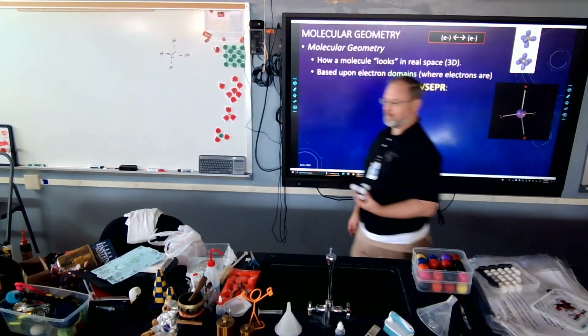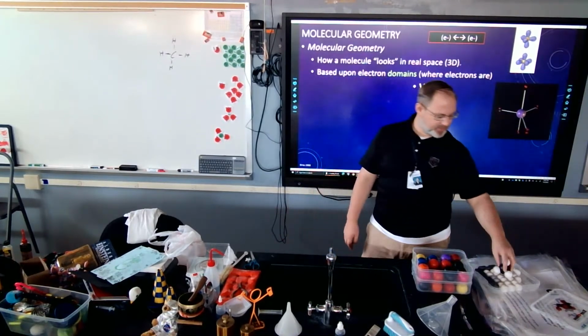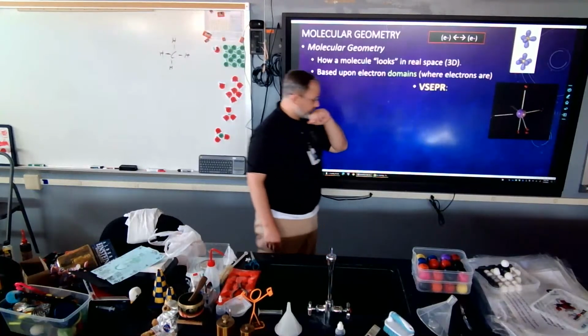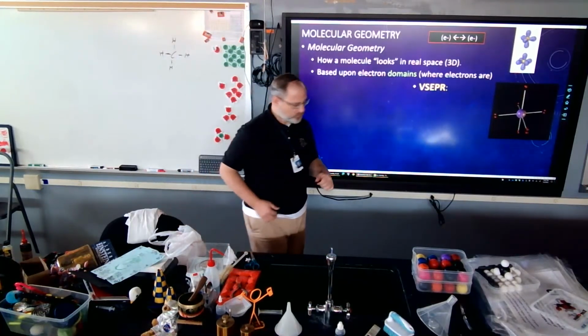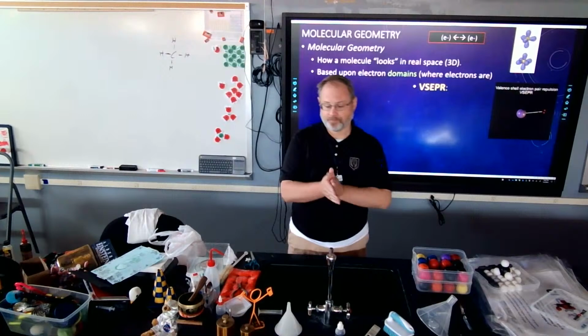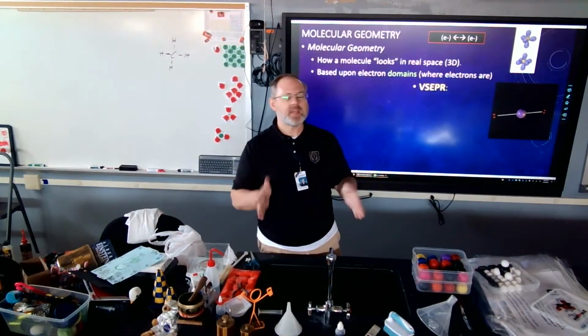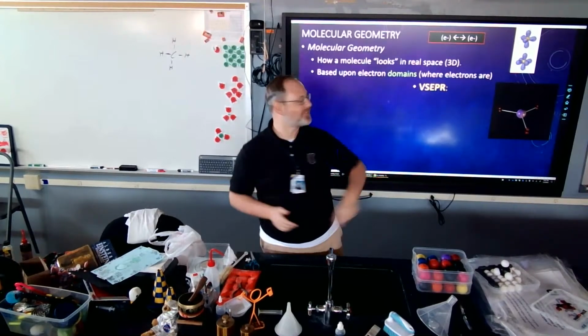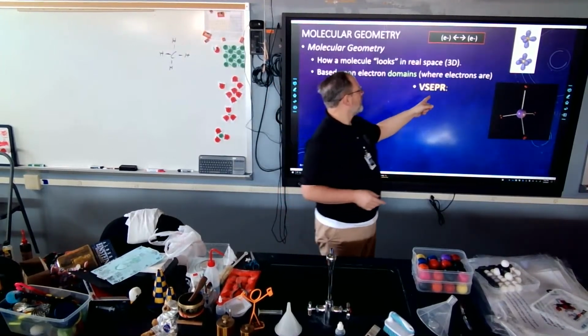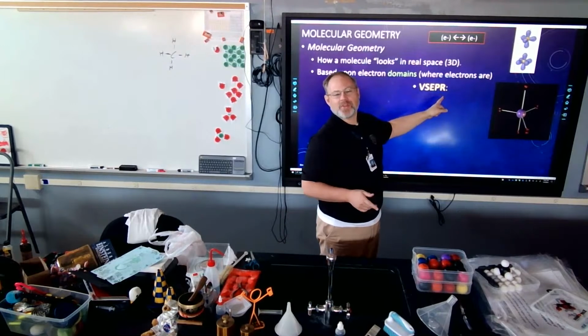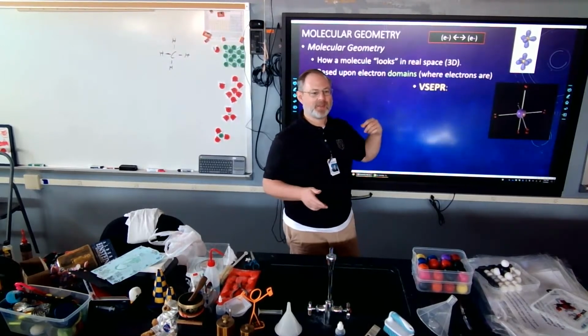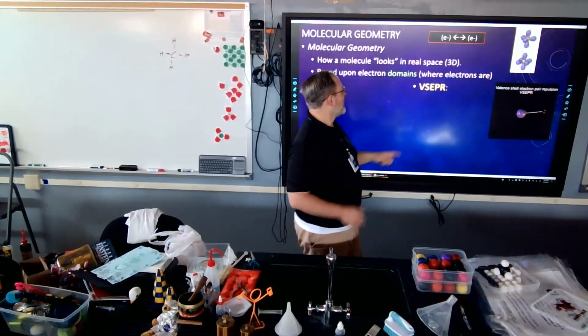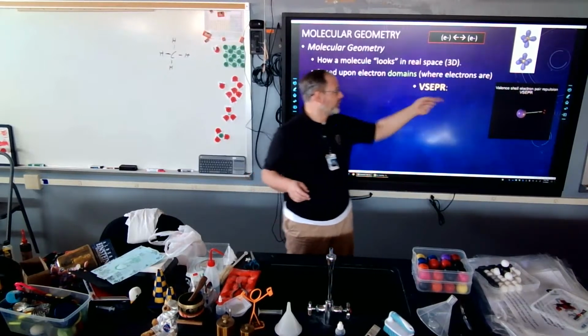VSEPR is a fun acronym, and each of those things represents something in chemistry. We'll start with the easy one. What do you think the E represents in VSEPR? Electrons. And what do the electrons do? What's the R in VSEPR? Repulsion or repel.